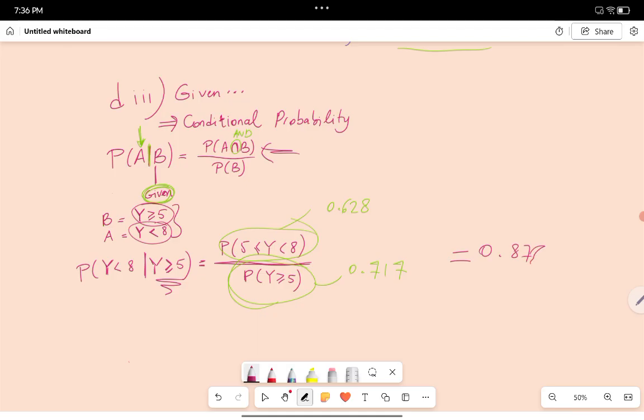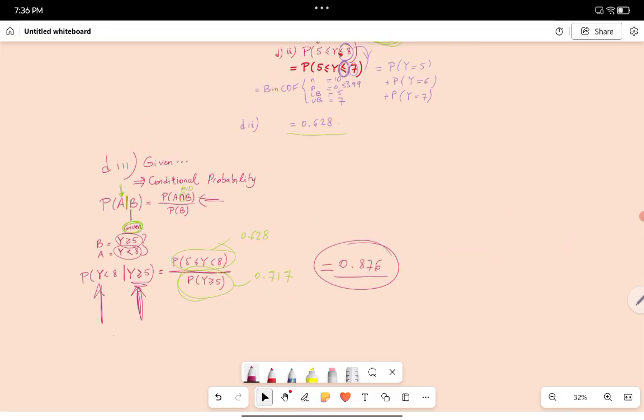So guys, this is the probability that given that Ariane scores at least 5 points, Ariane scores less than 8. That's this probability. Okay, so let's zoom out a little bit on what we just did.